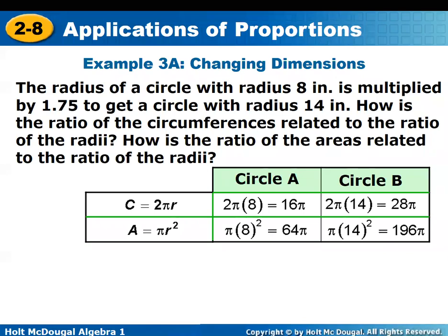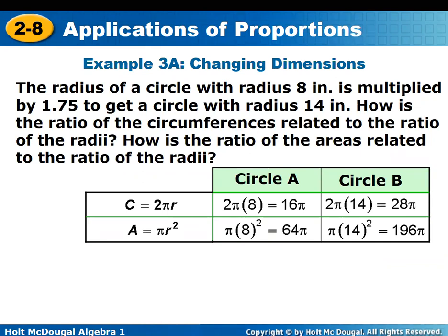Then 14 represents what, grade 9? The radius of circle B. For circle B, I'm going to use the same formula, 2 pi R. I'm going to keep 2 pi, and I will replace R by 14. So the answer will be 28 pi.